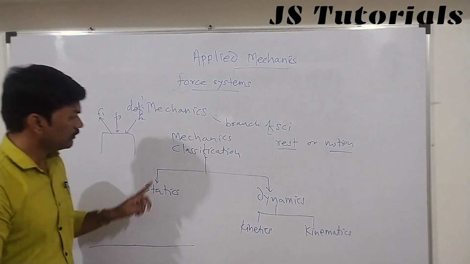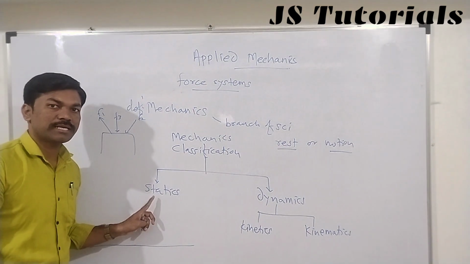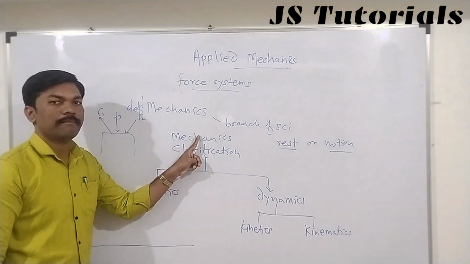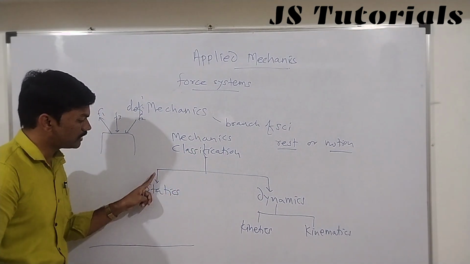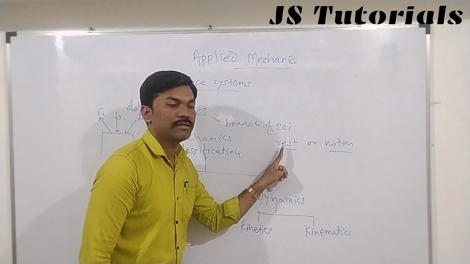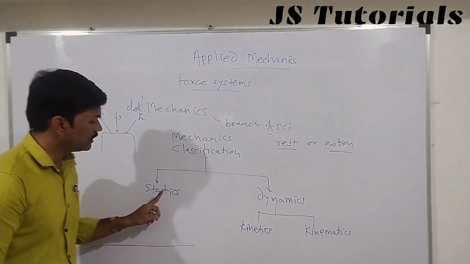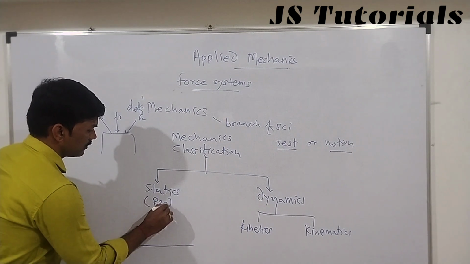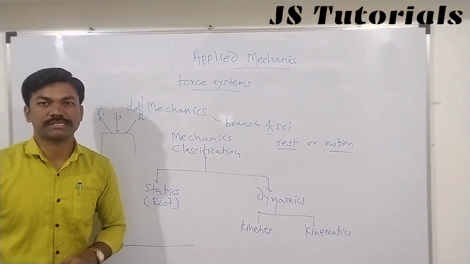So statics can be defined as: statics is the branch of mechanics which deals with the study of action of forces on bodies at rest. This rest concept is concerned with statics, so students must remember the word rest.